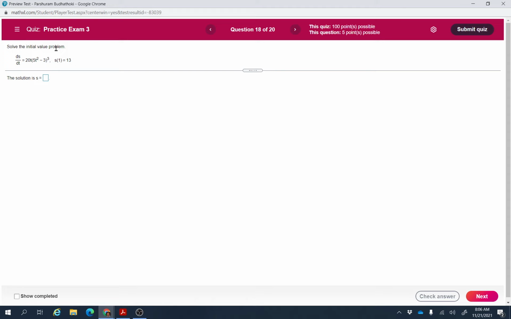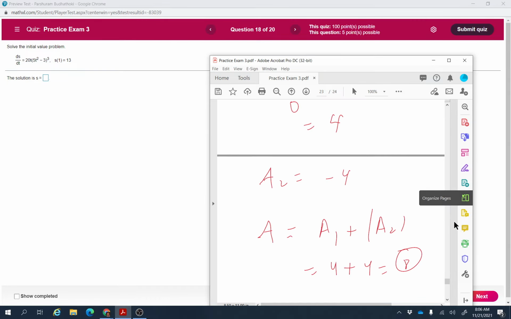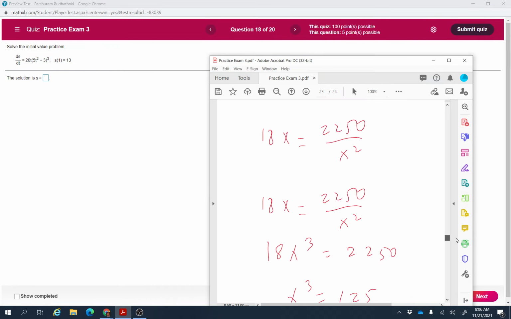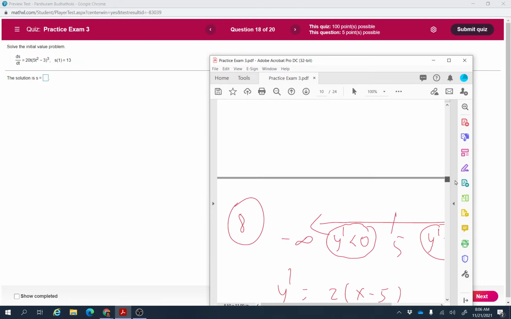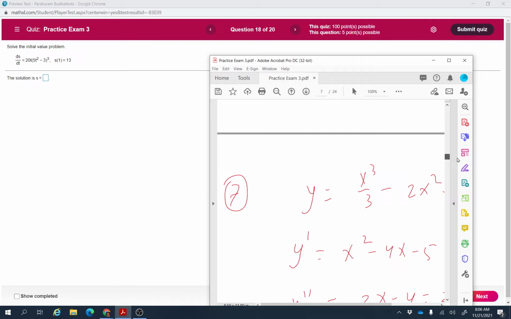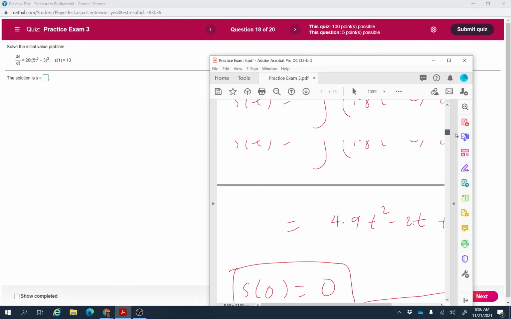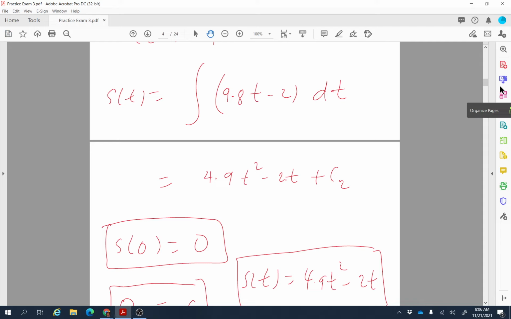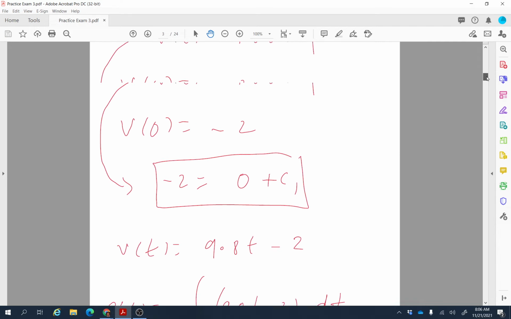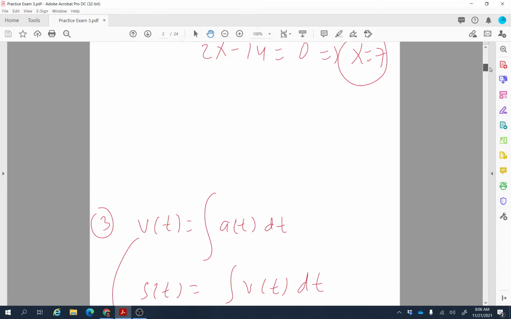Solve the initial value problem. Just use the antiderivative. This is exactly the one problem we did before, the initial value problem. From acceleration we found velocity, from velocity we found the distance function. We did it somewhere here. Yes, that's problem number 3.